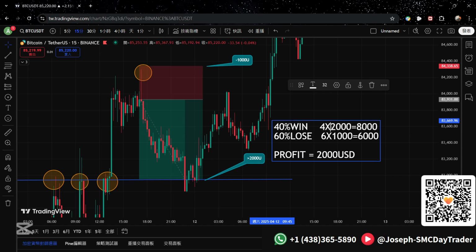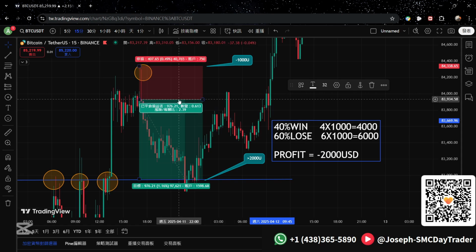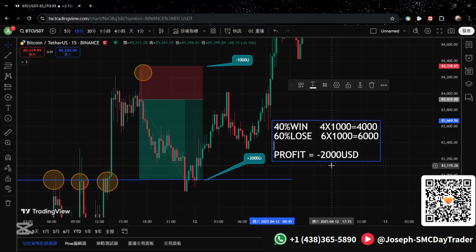Just change the numbers here: if it's 1 risk and 1 profit, you will be minus 2,000 in the end. So it's more important to balance your win rate and your profit and risk. That's why I'm always talking about finding trades with over 2 profit and 1 risk.